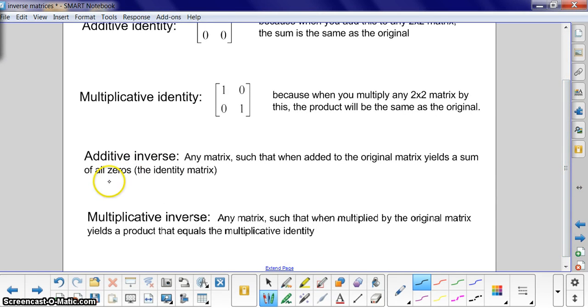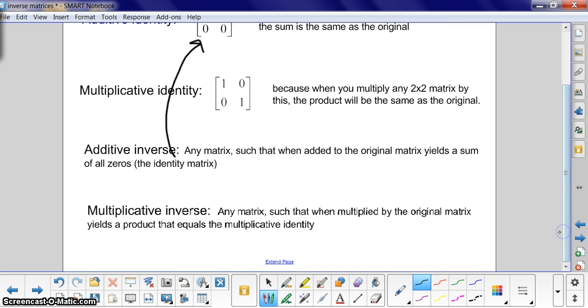Now we get to the additive inverse. We did this a couple days ago. Any matrix such that when added to the original matrix yields a sum of all zeros, the zero matrix. All right, we're talking about that one up there. And then we have the multiplicative inverse. Any matrix such that when multiplied by the original matrix yields a product that equals the multiplicative identity.